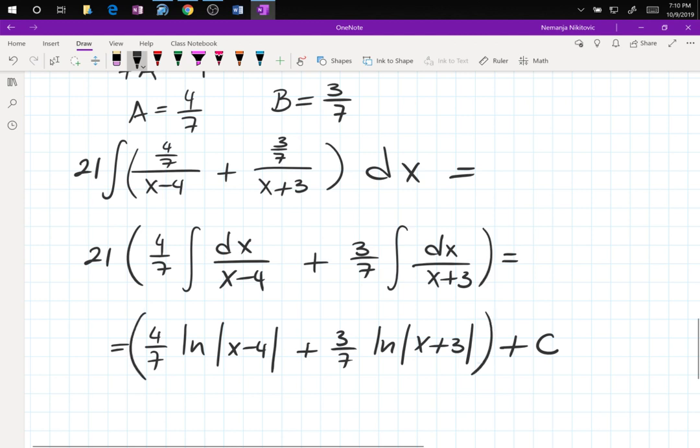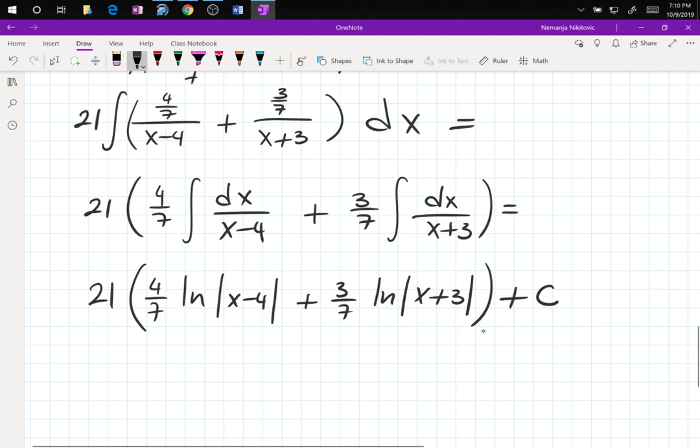There's a 21 in front, and that will kill the 7s. Yeah, it will kill the 7s.